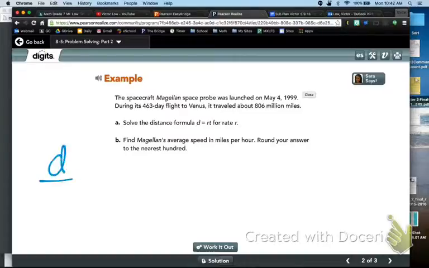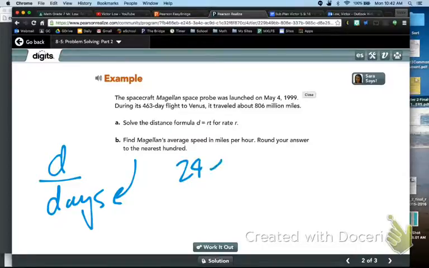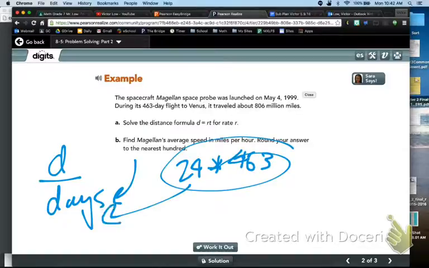But what we're saying is we want to know per hour. If we want to know per hour, we have to convert the days into hours. So we know that there's 24 hours in a day, and we're going to multiply that by 463. So that's going to get us what's underneath right there. It's a very innocent and honest mistake.